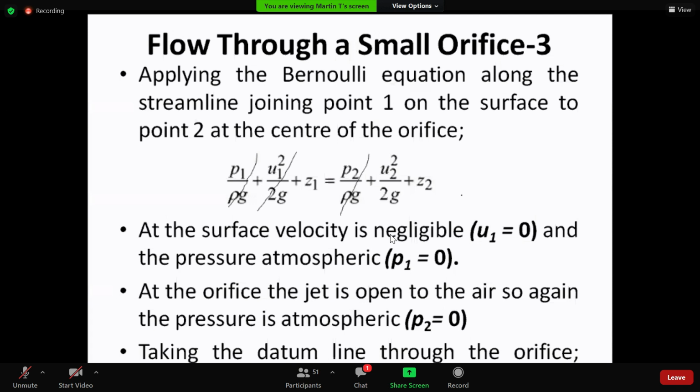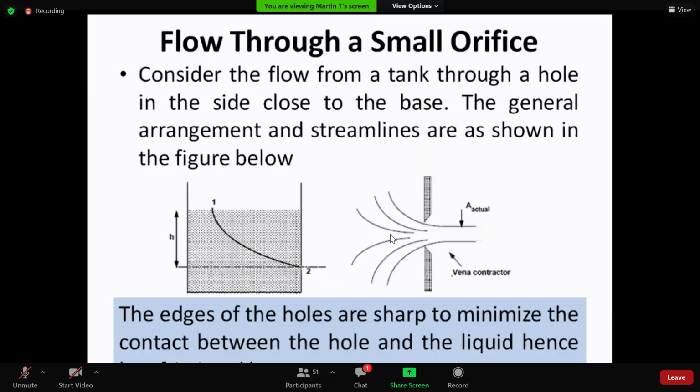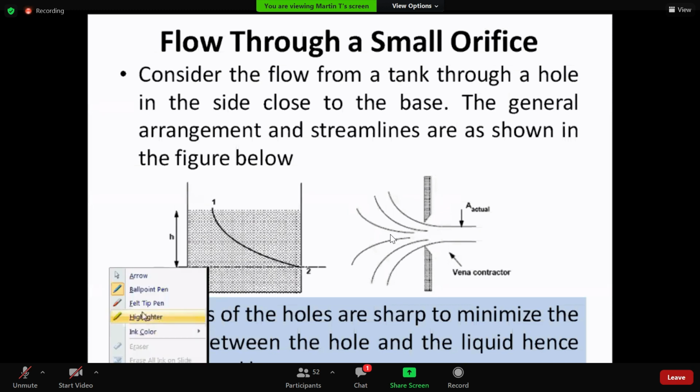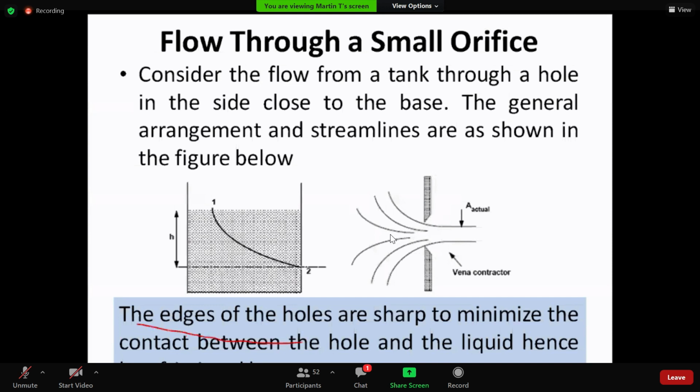Now, if we take any datum, assuming my datum is here, Z1 would be this and my Z2 would be that.